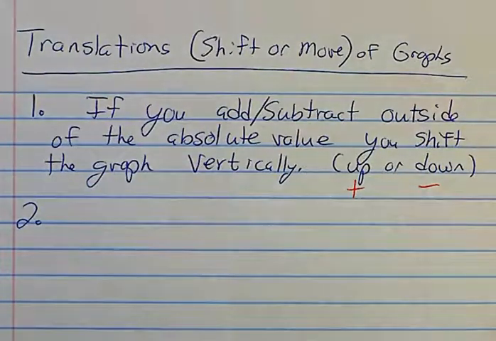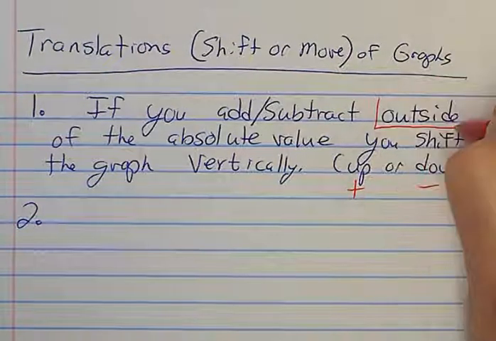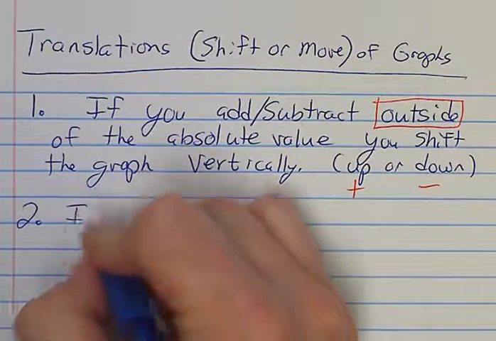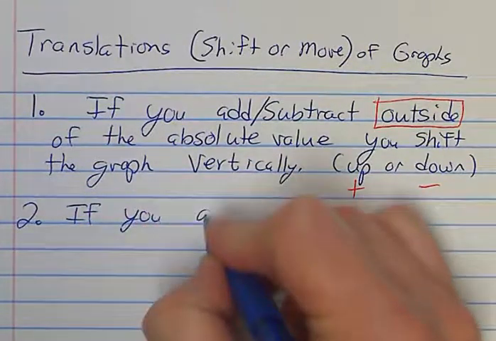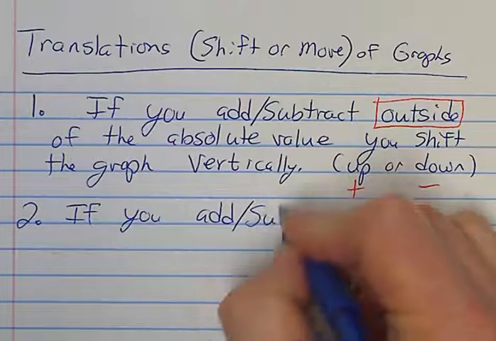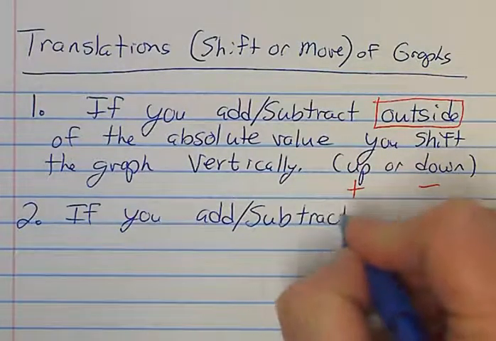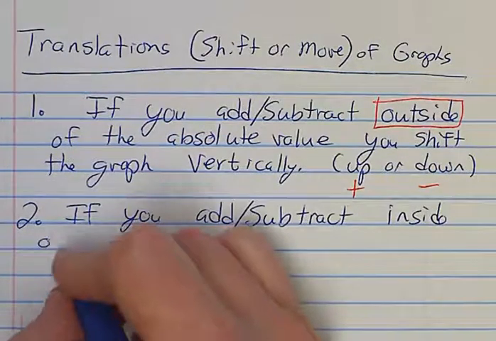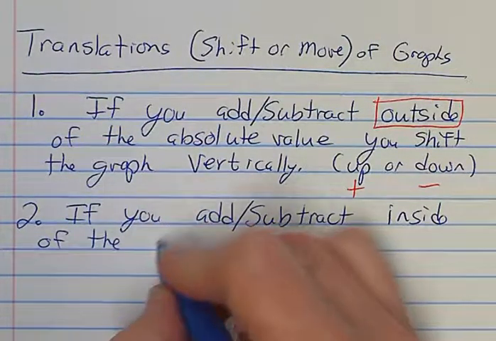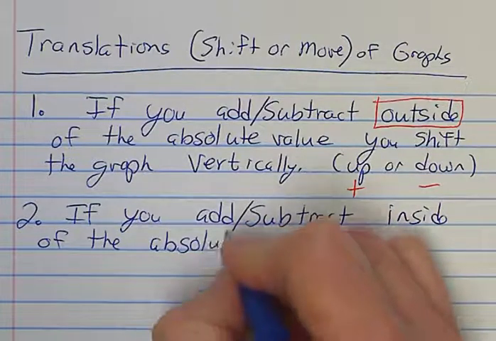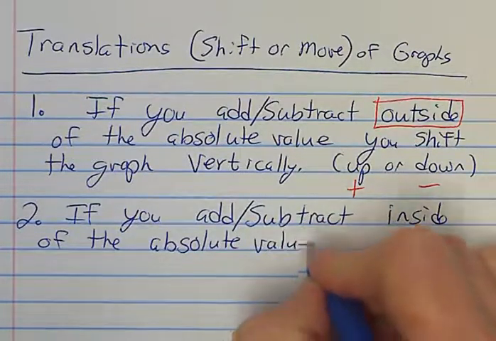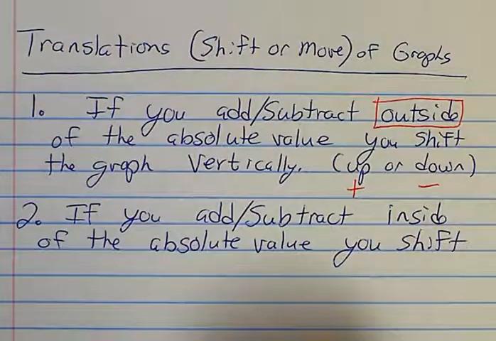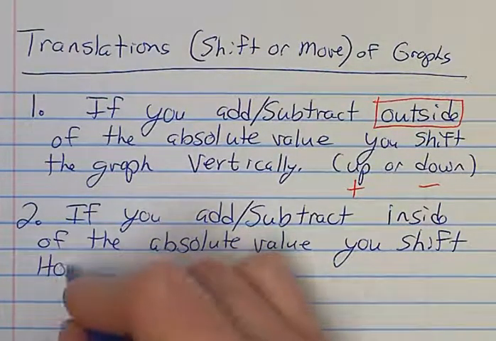Okay. The other big thing we have, and this will be it, and we'll show you a couple of quick examples, is if you add or subtract on the inside of the absolute value, you're going to shift it horizontally.